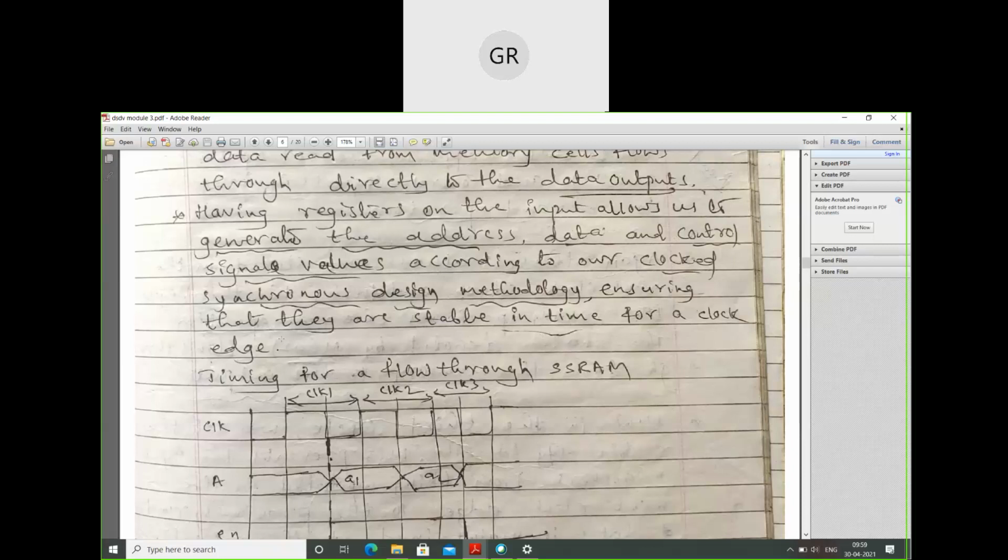That means why is it called synchronous? It's clock based. Having registers on the input allows us to generate the address, data, and control signal values according to our clock synchronous design methodology, ensuring that they are stable in time for a clock edge.